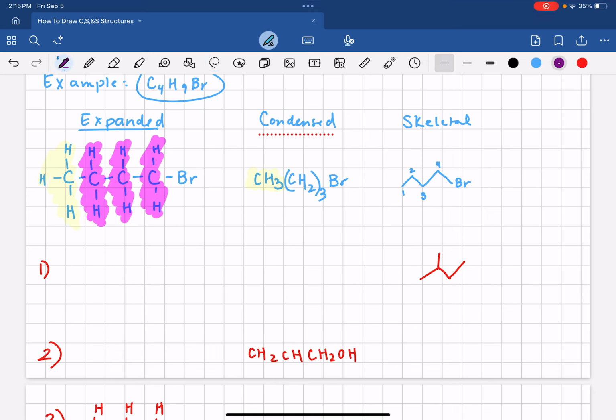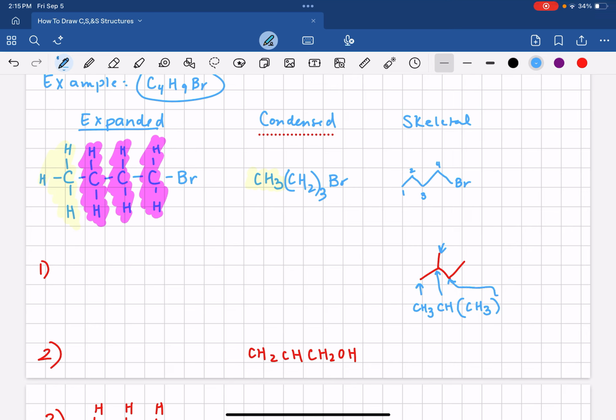Okay, let's begin with the condensed or expanded, doesn't matter, but let's do the condensed. So over here, I see it's a CH3. Over here is a CH. It is bonded to, remember, if something is bonded to or has a substituent, we draw parentheses and we draw what it's attached to, which is a CH3.